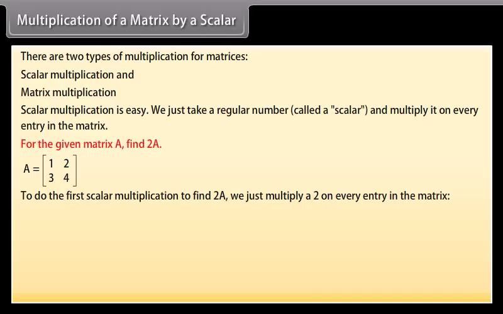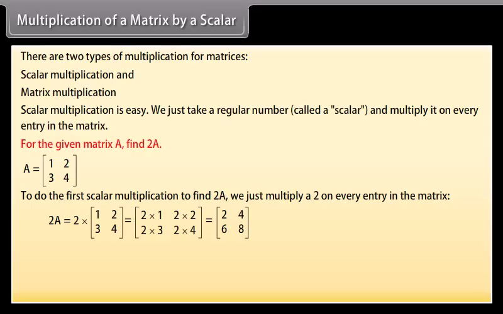To do the scalar multiplication to find 2A, we just multiply a 2 on every entry in the matrix. 2A is equal to 2 into the matrix with first row 1, 2 and second row 3, 4, which is equal to the matrix with first row 2 into 1, 2 into 2 and second row 2 into 3, 2 into 4, which is equal to the matrix with first row 2, 4 and second row 6, 8.